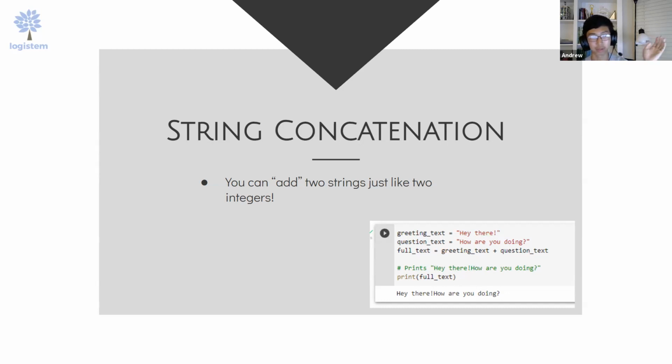You take one string, add it onto the other one, and turn it into one entire string. If you notice, there's no space between the exclamation mark and the H. That's because we never added a space. So if you do want a space, you should add a space at the end of hey there to make sure that when you concatenate them, you have a space in between, as proper grammar tells you.